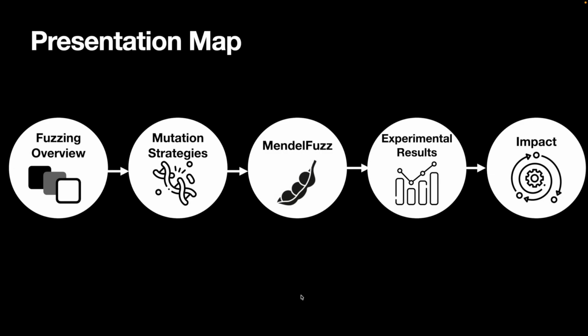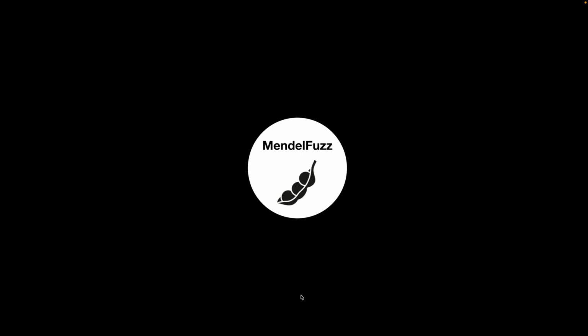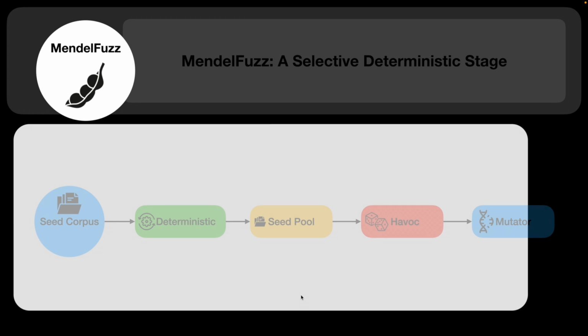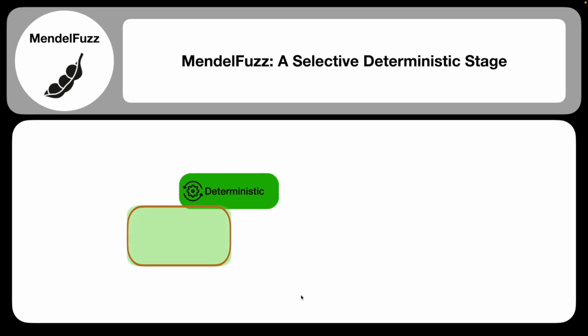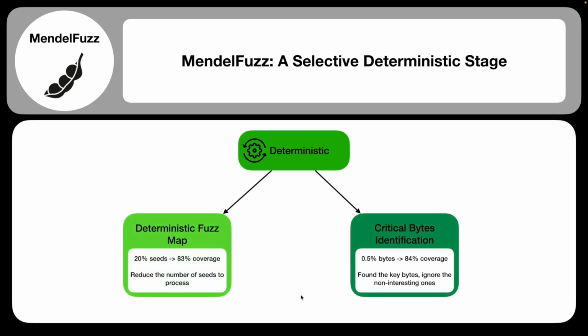And this is where MendelFuzz comes in. It tries to bring back the deterministic stage by only going for the core parts which got the useful values. So MendelFuzz dives into the deterministic stage, and they split it into two parts: the deterministic fuzz map and the critical bytes identification.